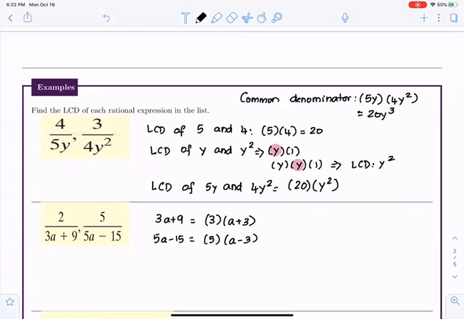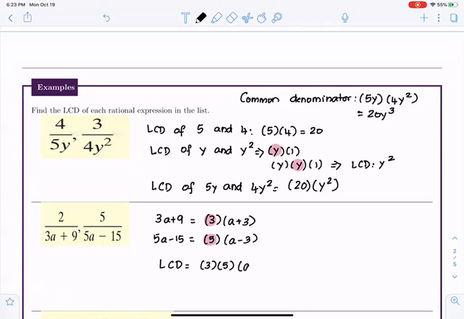Now I just have to compare those two terms. I've realized that there is nothing in common between 3 and 5. So if I have to find that least common denominator for the two numerical parts, it would simply be 3 times 5. And there isn't anything common between a plus 3 and a minus 3.